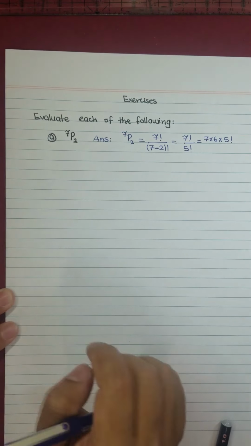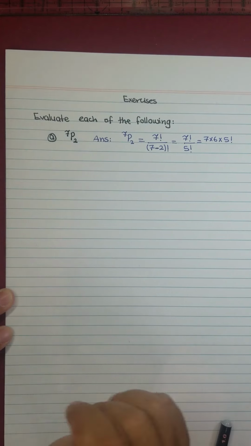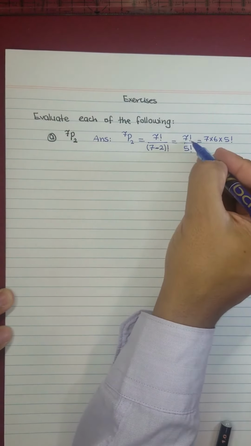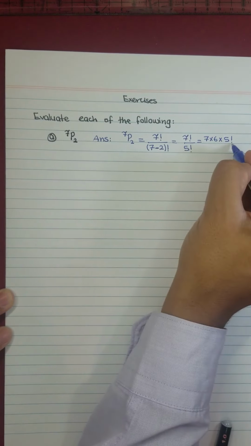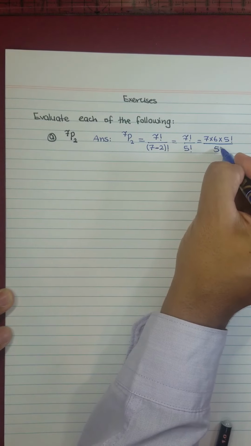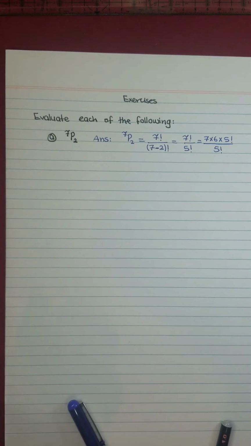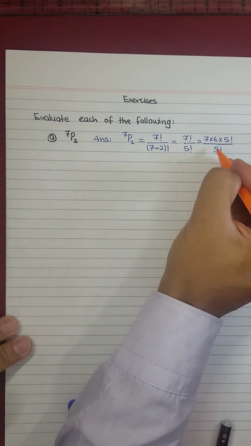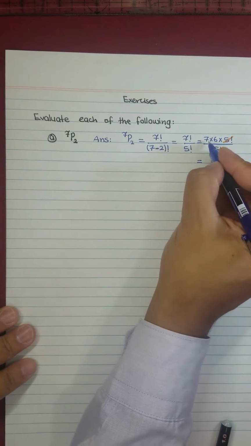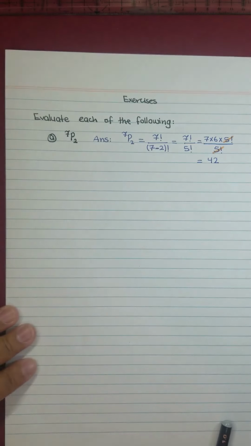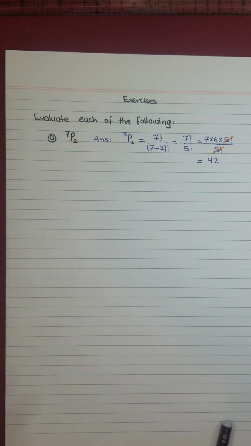It's the same thing as we explained before in the class. You take 7 out, you get 6 factorial. You take 6 out, you get 5 factorial. And you divide that by 5 factorial, so now you're able to cancel the 5 factorial from both the numerator and the denominator, and the answer is going to be 7 times 6, which is 42. Good. I think this is a bit easier than writing the whole thing again.